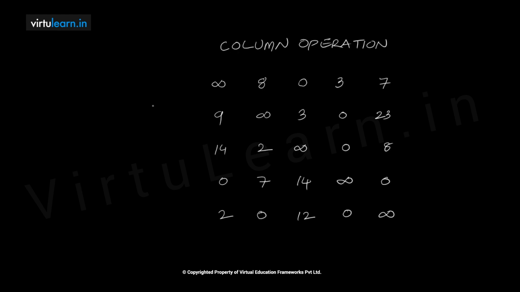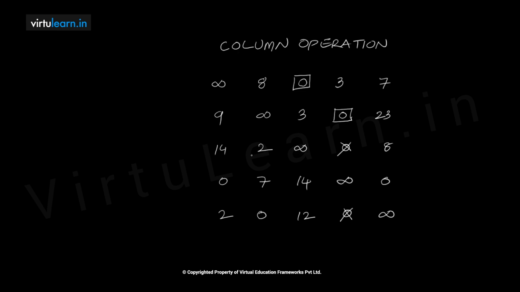In the first row we will check, there is a single zero in the third column, so we will mark it with a box, and we will check for any other zeros, no zeros are there. Then we will go for the second. In the second row we have 1 zero, so we will mark that with a box, and we will check for zeros, and there are 2 zeros, we will strike them off.